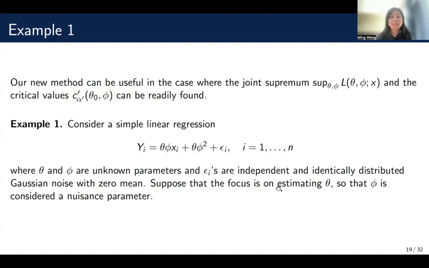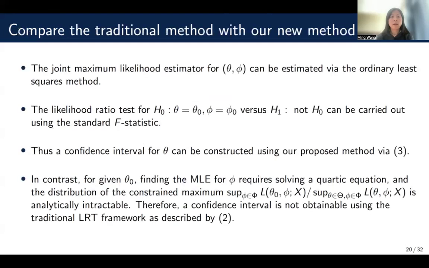Suppose that the focus is on the parameter theta. We want to estimate theta, so phi is considered a nuisance parameter. The joint maximum likelihood estimator for theta and phi can be estimated via the ordinary least squares method.